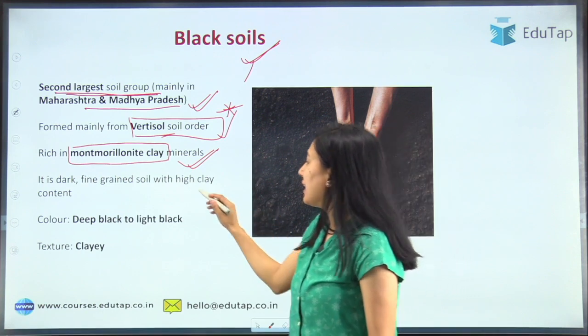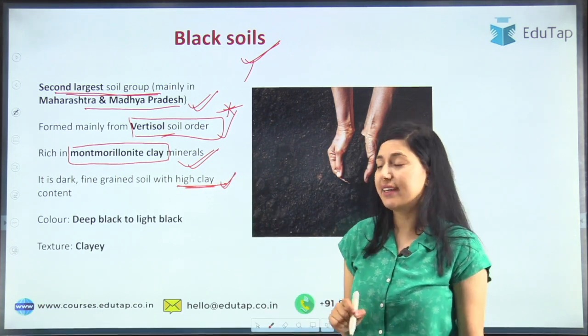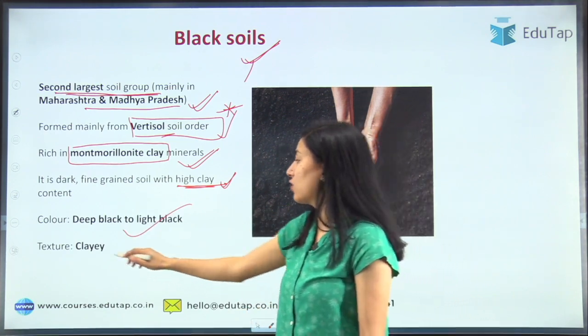Okay, and it has high clay content. Your black soil has high clay content, and it is deep black to light black in color, and the texture of this black soil is clayey.